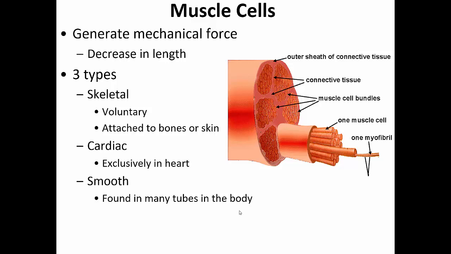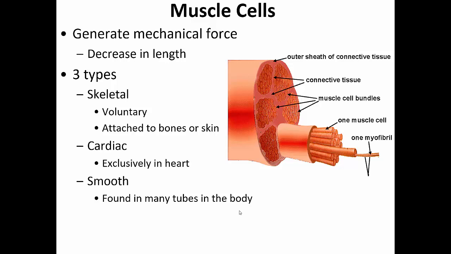But we do see that skeletal muscle cells, very briefly, are made up of myofibrils. If we start at the right-hand side of our diagram, we can see a single myofibril. Those myofibrils go together to make a single muscle cell. We do notice that muscle cells are sometimes referred to as muscle fibers as a result of the fact that they are extremely long cells.